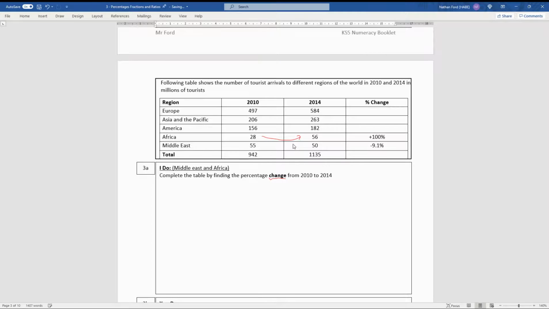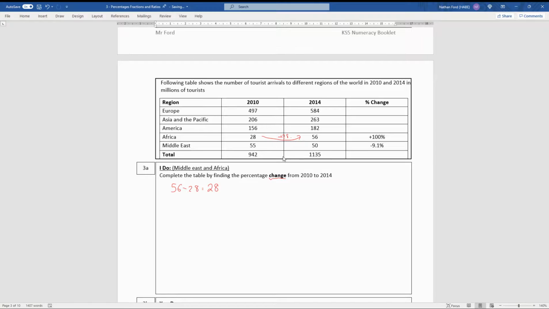There are two ways you can do it, but the main point is we need to find out how much it has gone up by. So I'm going to do my new amount minus my old amount because it will tell me how much it has changed by. So 56 minus 28 is 28. So it has changed by 28 million people. There are 28 million more people traveling.